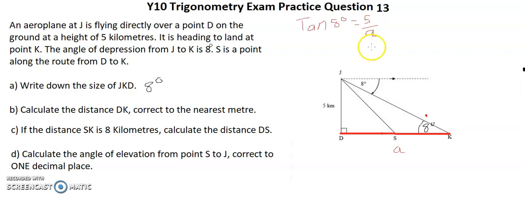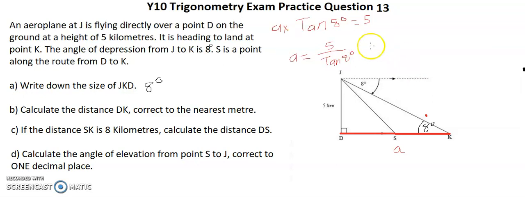Now I want to get A by itself, so I'm going to times both sides by A. If I times both sides by A, I'm timesing tan 8 by A, and I cancel that out. Likewise, I'm going to divide both sides by tan 8 degrees. That leaves me with just A, and I've got 5 over tan 8 degrees.